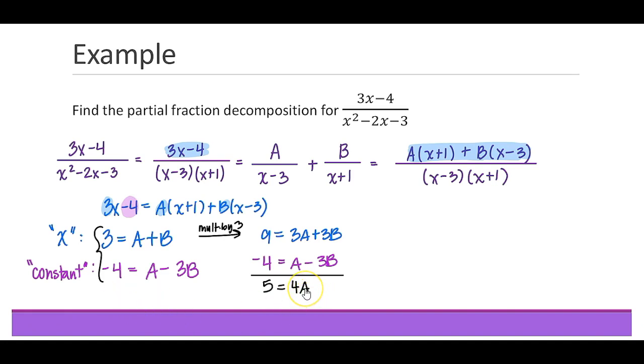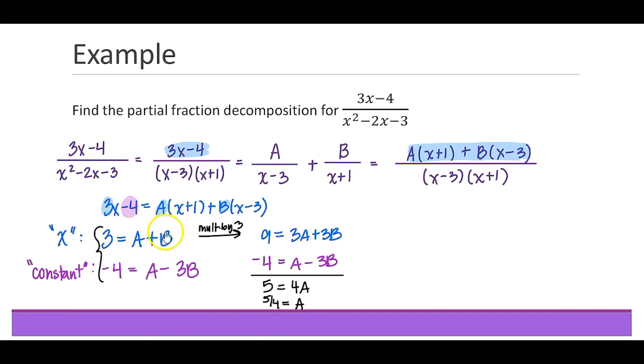And then I'm interested in solving for a and b. That's the whole point, because we want those decomposed, simpler fractions. So I'm going to find a by dividing by 4. So I'm going to have 5 over 4 is equal to a. And then I can substitute a into any equation involving a and b.